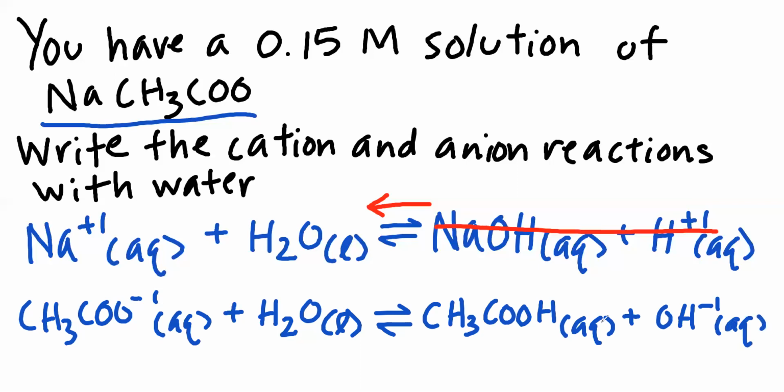So this reaction creates a weak acid, acetic acid, and so that is actually going to create some products here. So we're going to get some hydroxide ions made.